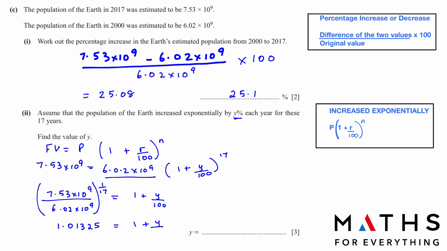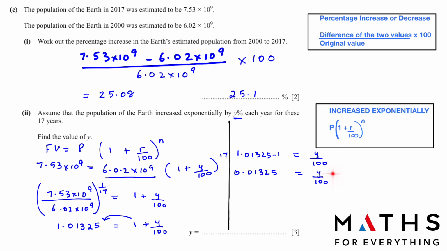1 plus y over 100. This plus 1 shifted to the other side. When we shift it, the sign will turn negative. So 1.01325 minus 1 is equal to y over 100. And this will give me 0.01325 is equal to y over 100.